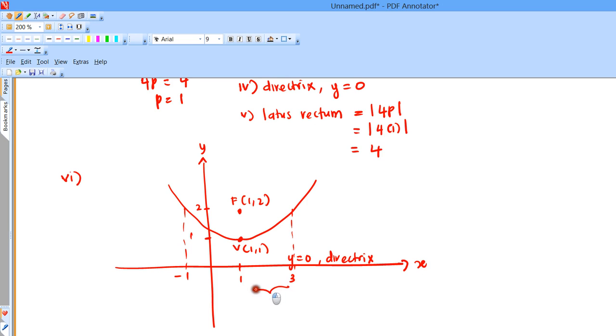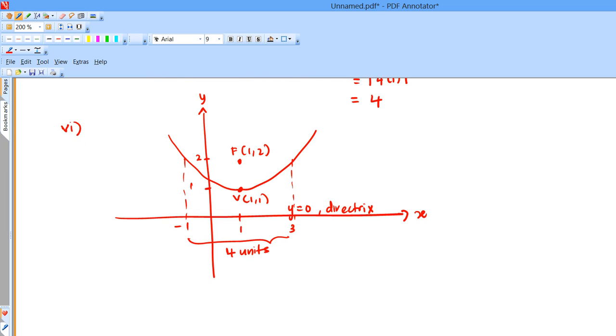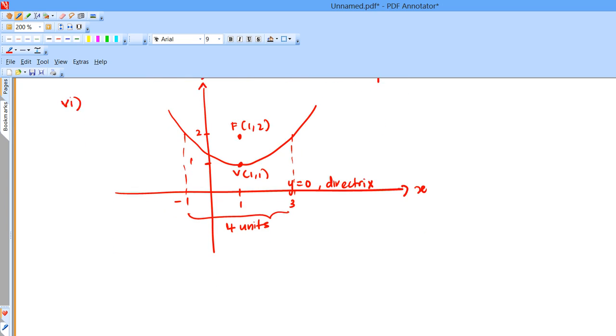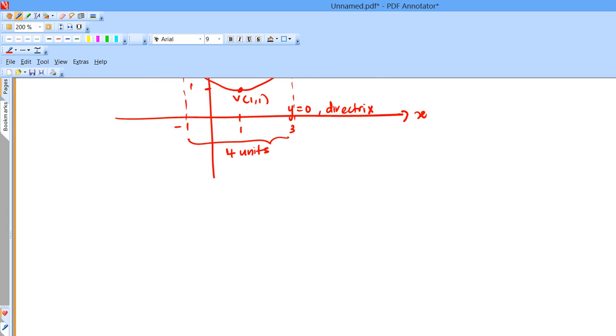This is 4 units. That is the latus rectum. Okay, next example.